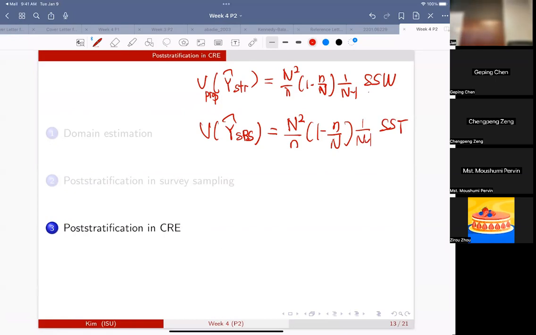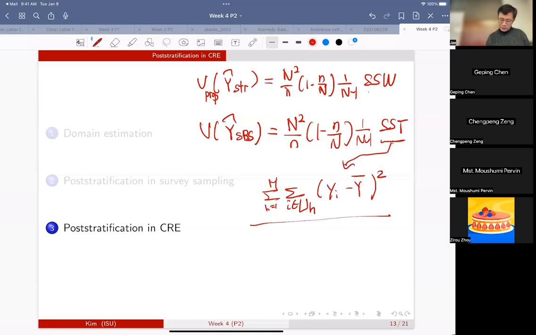So that is simple random sampling. We have just a usual factor times SST, where SST is, right? This is SST. What is SSW?